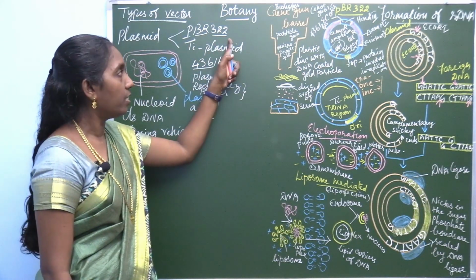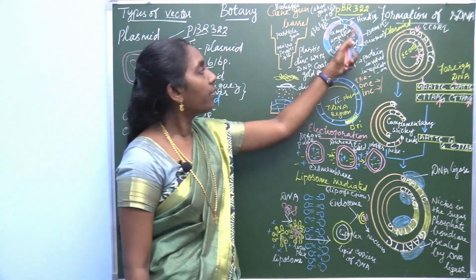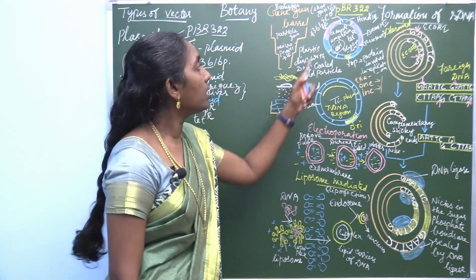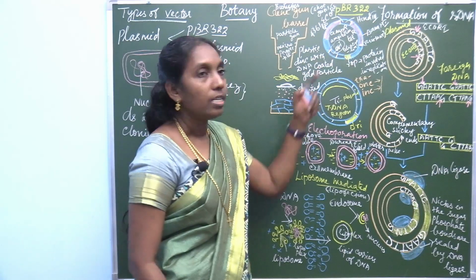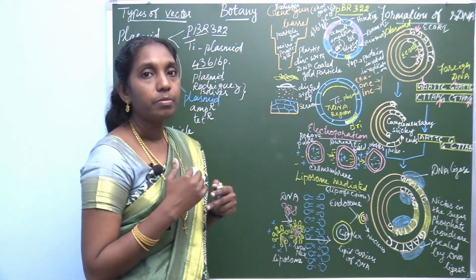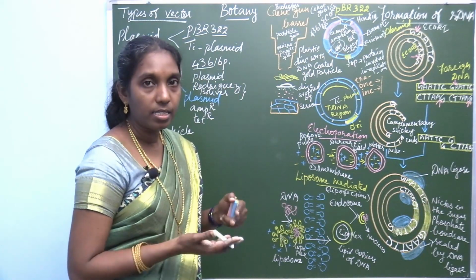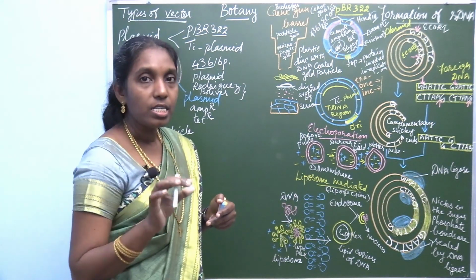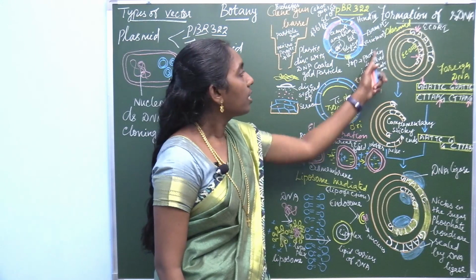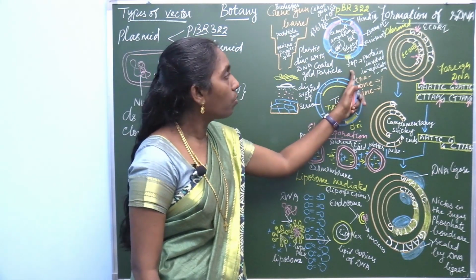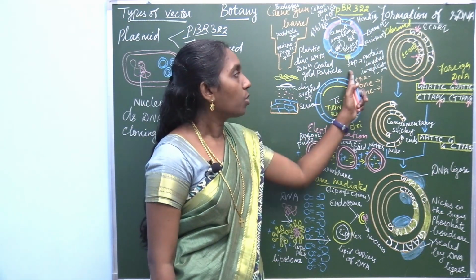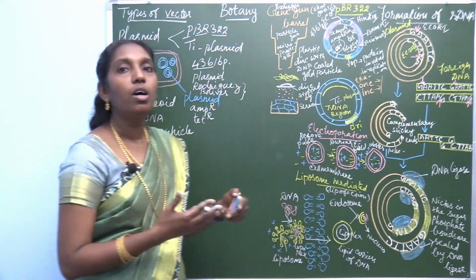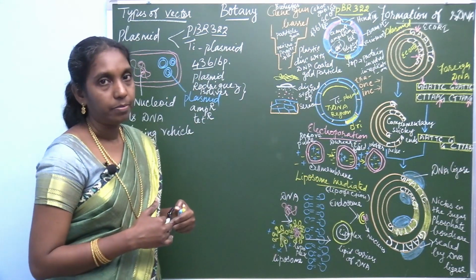There are different regions: the antibiotic resistance region, the ORI region, and the recognition sites. Name all of these and write them down. Then ROP, which codes for the protein involved in replication.